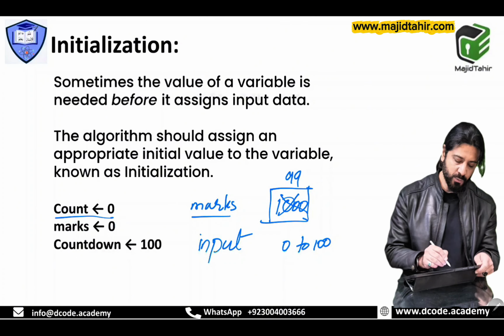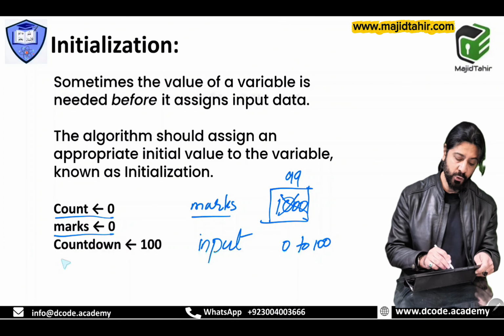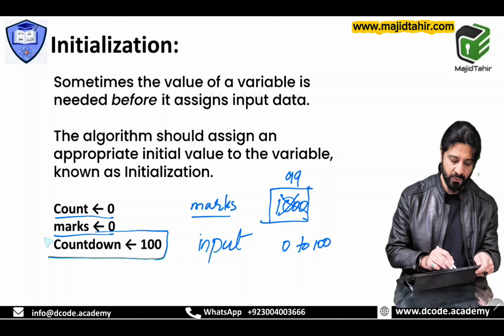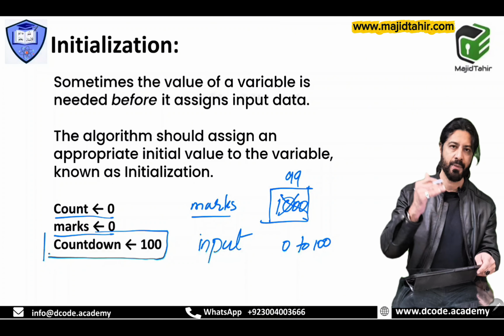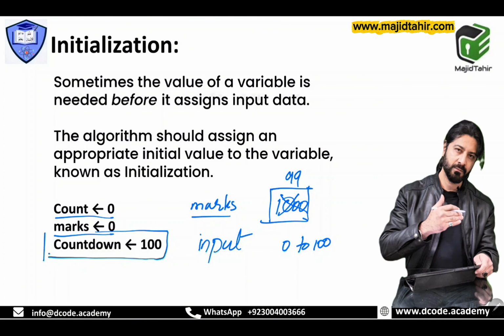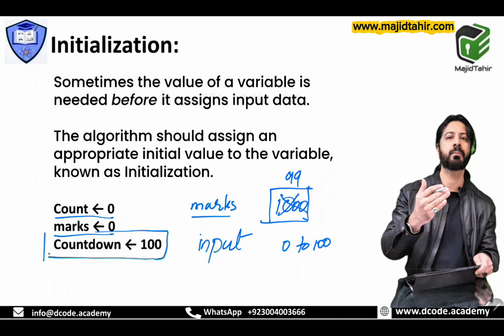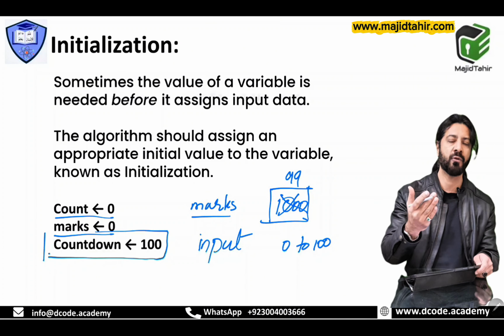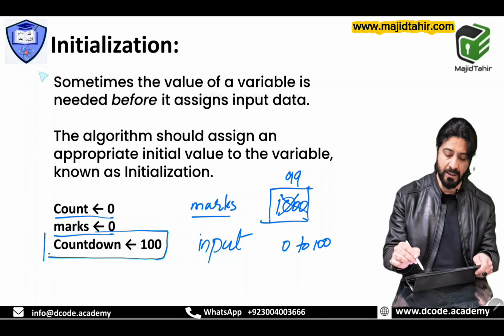So count is initialized with 0, marks is initialized with 0. You can also initialize a variable with some bigger value. For example, you're using a variable to count down something. So countdown will have a value of 100 and later on subtract some value from it. Every time it counts down, it subtracts 1 from it. So countdown can be used like that.